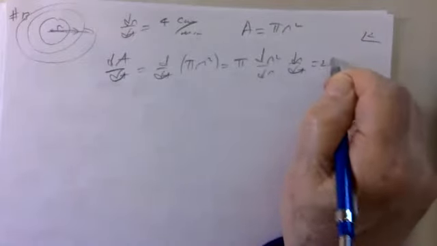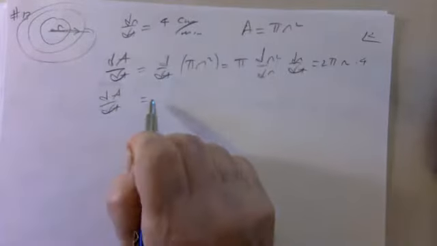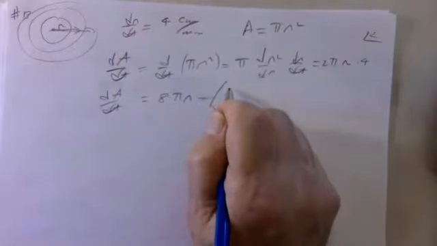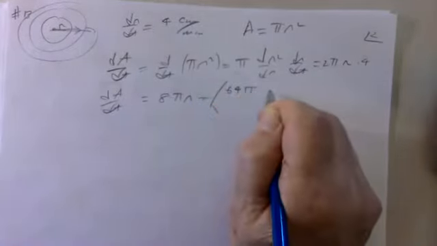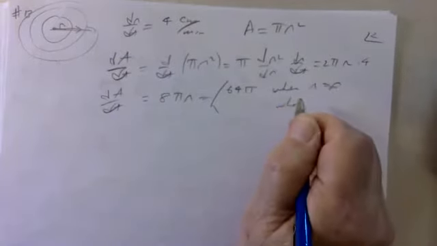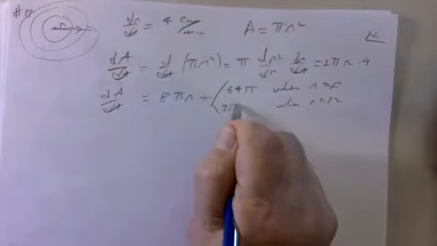So that's 2 pi r, and dr dt is 4. So dA dt, the rate of change of the area, is 8 pi r. And this is equal to 64 pi when r is 8. And when r is 32, 256 pi.